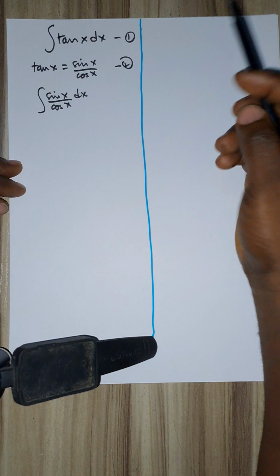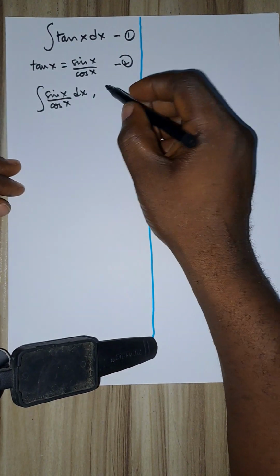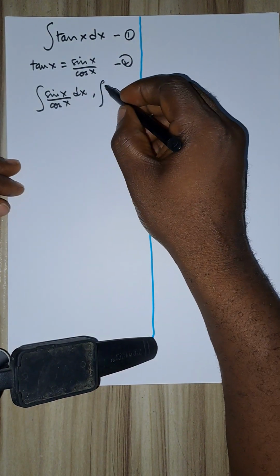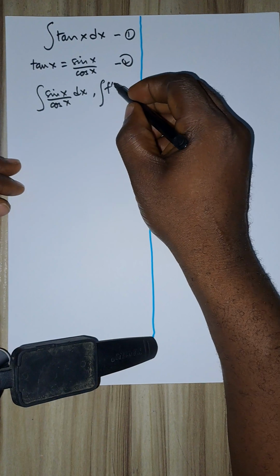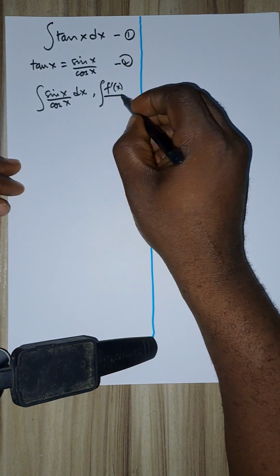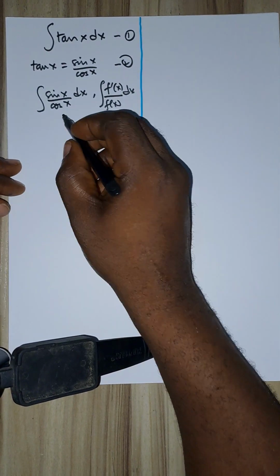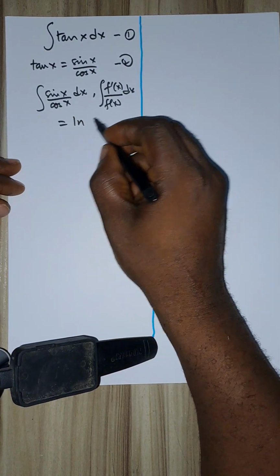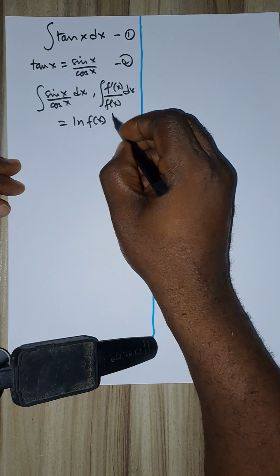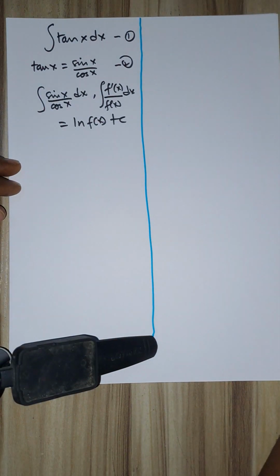Now in integral calculus, if you get the numerator by differentiating the denominator, it's the same thing as taking the logarithm of the denominator. Of course, you add a constant of integration.